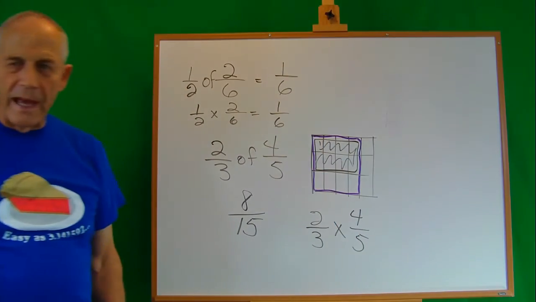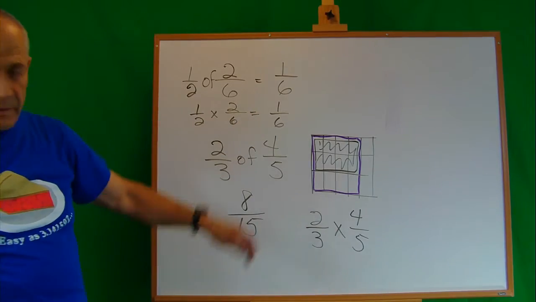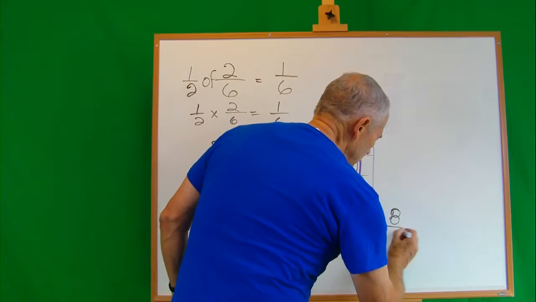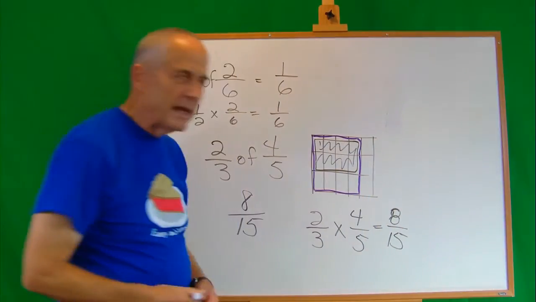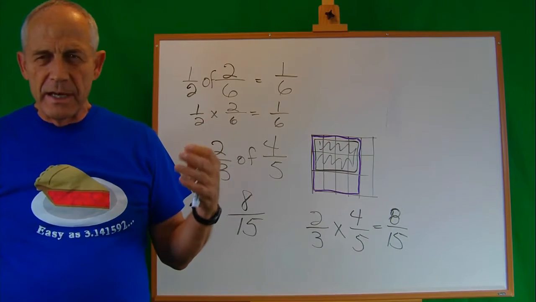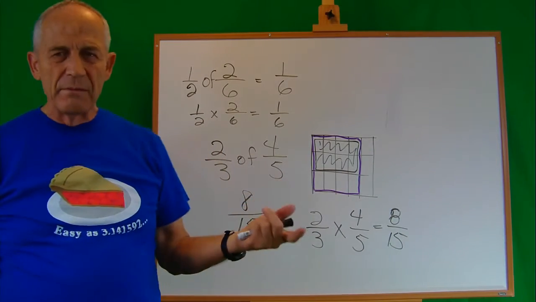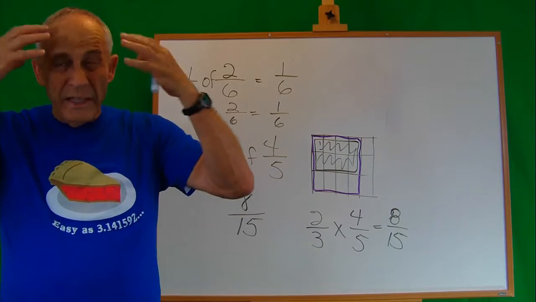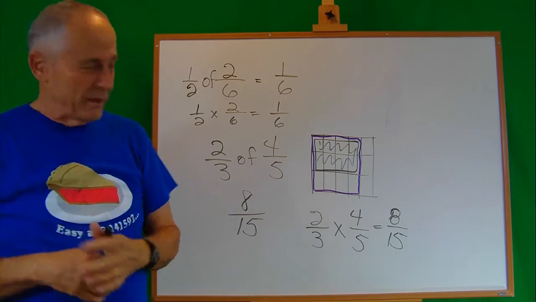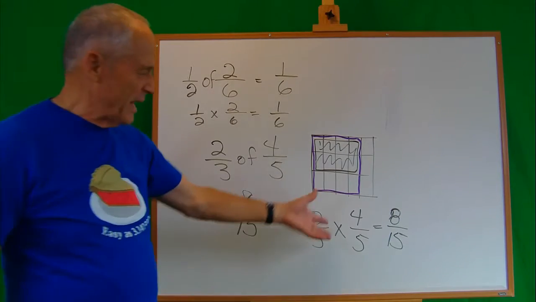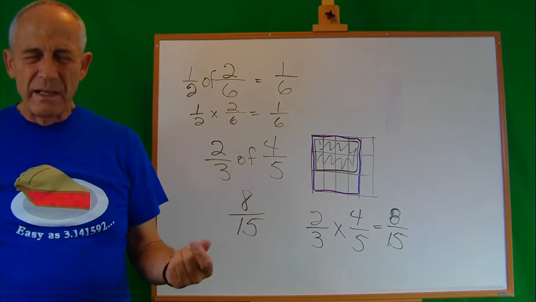And when I do that, I know, we just looked at it, we saw, we get 8/15. It's really hard for the brain to visualize this kind of thing. 2/3 of 4/5. That's hard to even picture, get in your mind. But then to say that it's going to come up with 15ths when you don't even have any 15ths there, that makes it even more difficult.